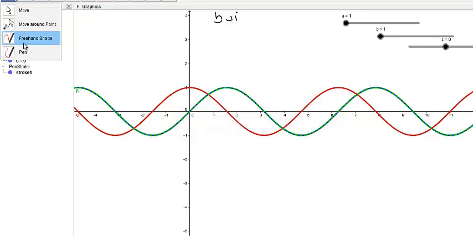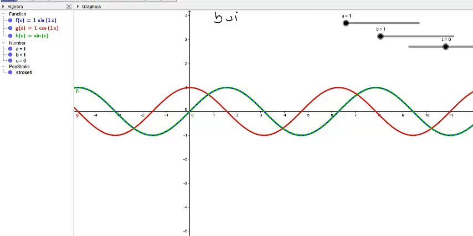Here, sorry, b sine ax plus c is going to be here. Okay, b sine ax plus c, and a has a different function, b has a different function, and c has a different role in the function.